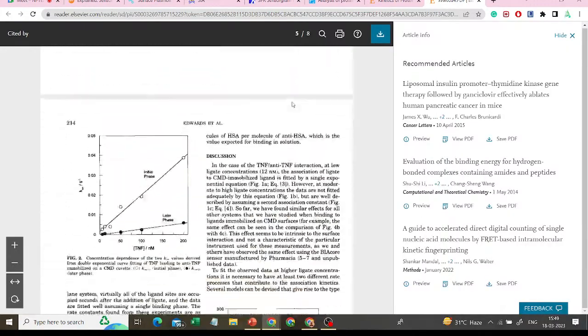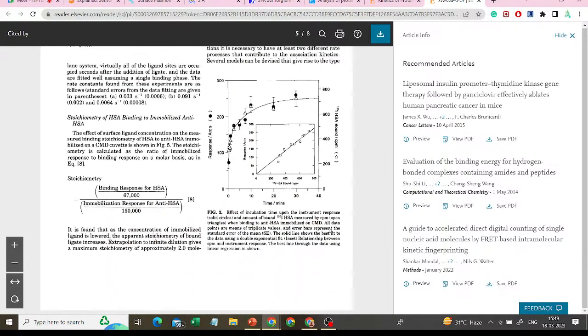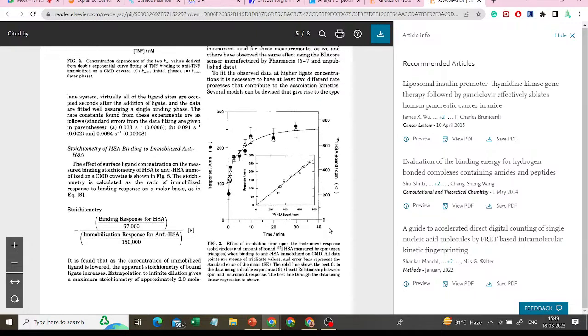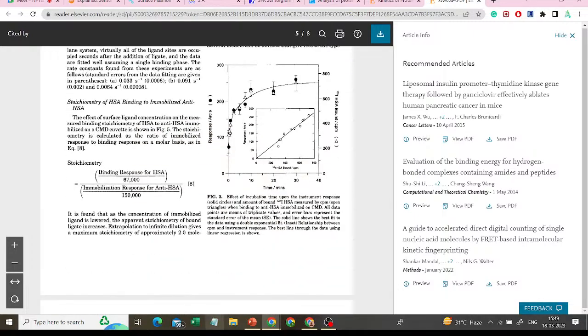So you can go through it. What is the stoichiometry for HSA binding to immobilized anti-HSA?